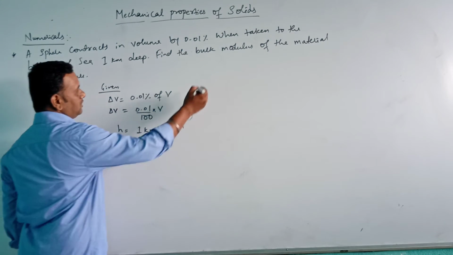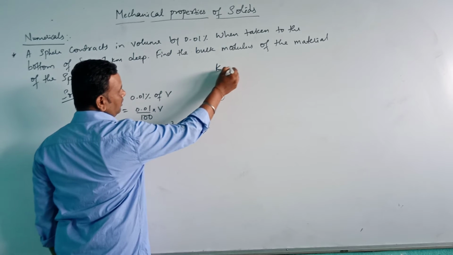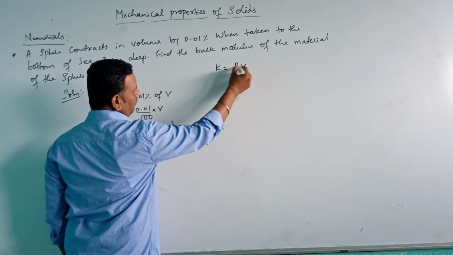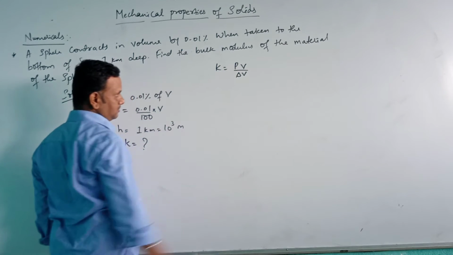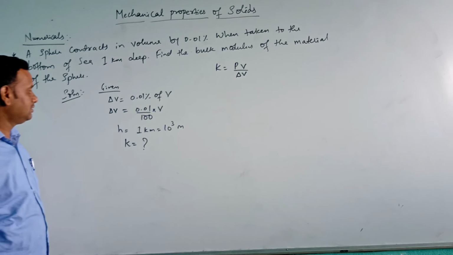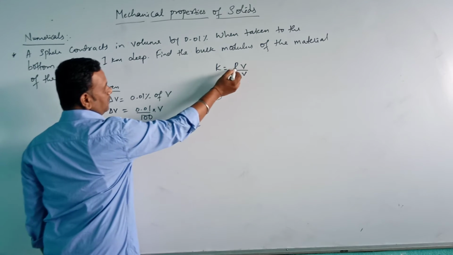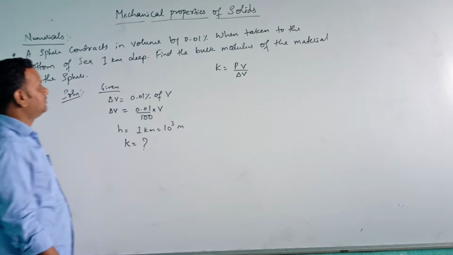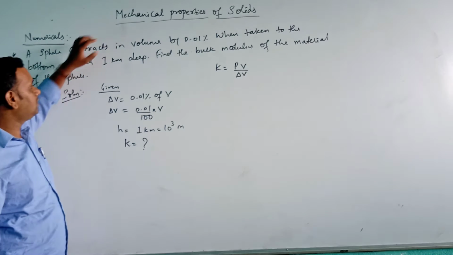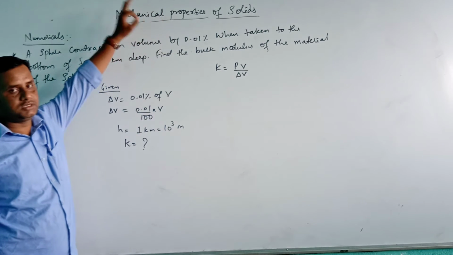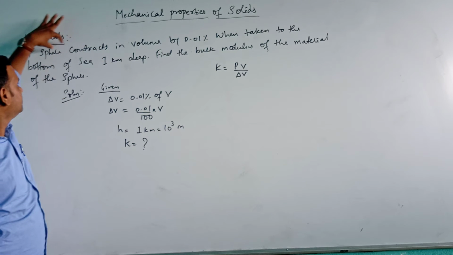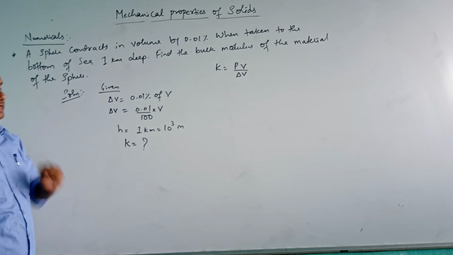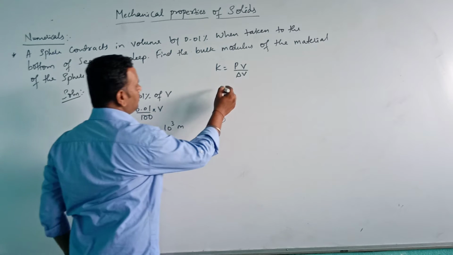So as we know, K equal to PV divided by delta V. Right? But he has not given the pressure here. He has not given how much pressure is on the sphere so that it is contracting. So let us find out the pressure here.